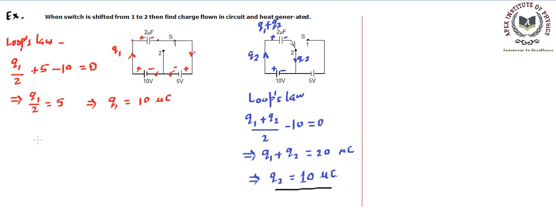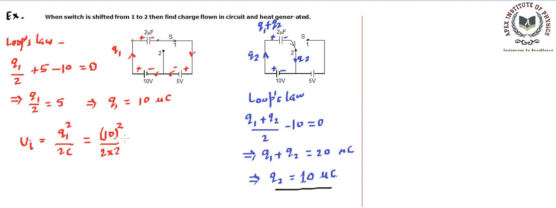So the initial stored energy, that means when the switch was with point 1, is going to be Q1 square upon 2C, that means charge on the capacitor square upon 2C, where C is the capacitance. Let's put the value of Q1 in microcoulomb and C in microfarad, so our answer will be in microjoule. Q1 is 10, so we have 10 square divided by 2 into 2, where 2 is the capacitance.